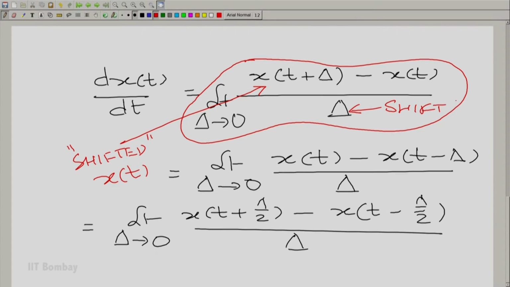This is a slightly different interpretation of the derivative, where the expression has not changed, but it is more signals and systems like, if you know what I mean.